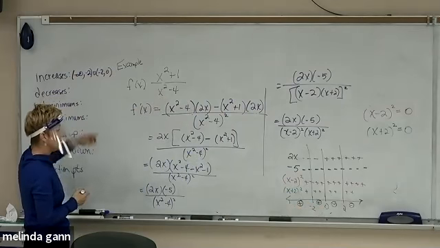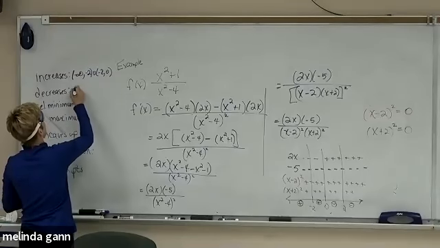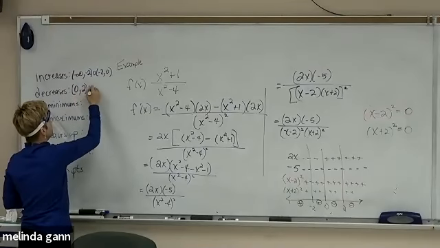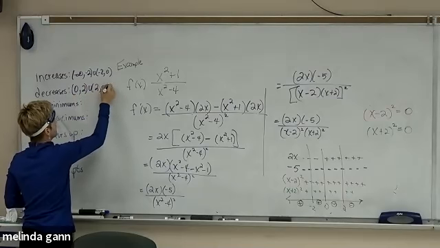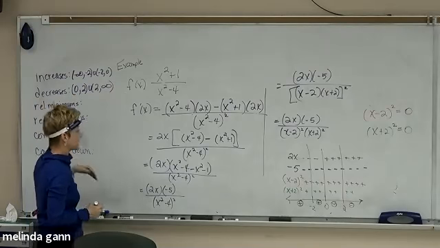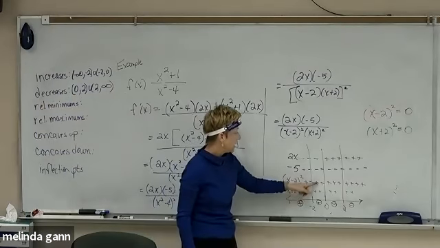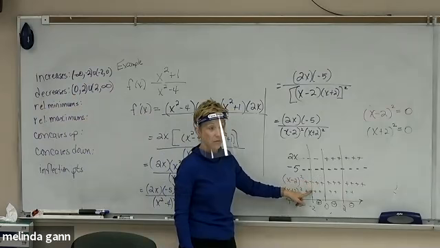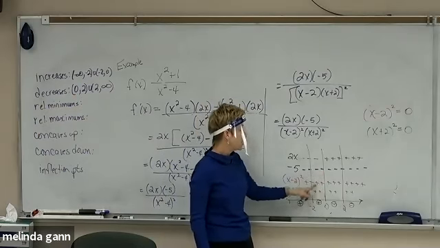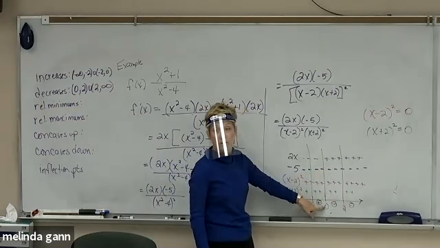Where does this thing decrease? From 0 to what? To 2, union 2 to what? Infinity. Well, let's see if it's got any minimums or maximums. If it's coming up and it keeps coming up, I don't have anything there, right? But if it's coming up and it turns and goes down, what are you going to have at this turn?